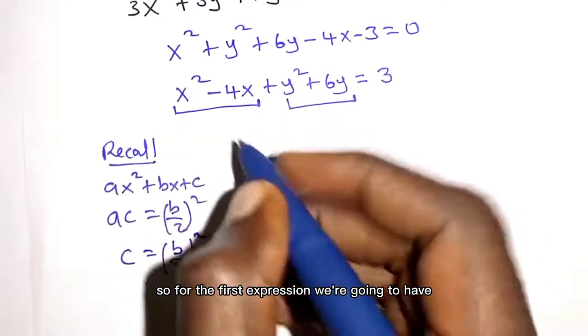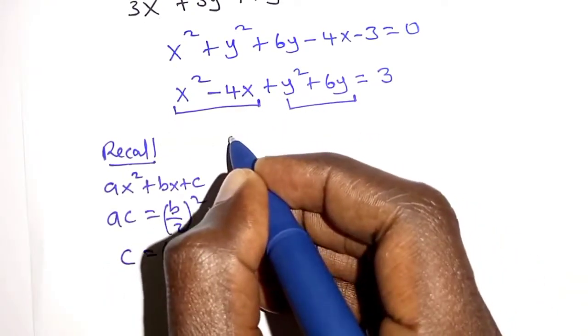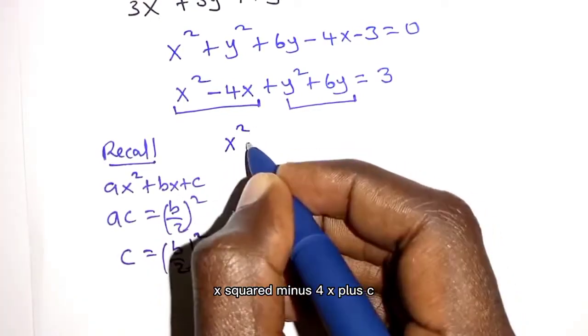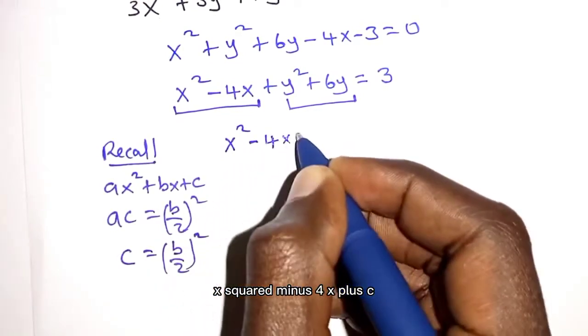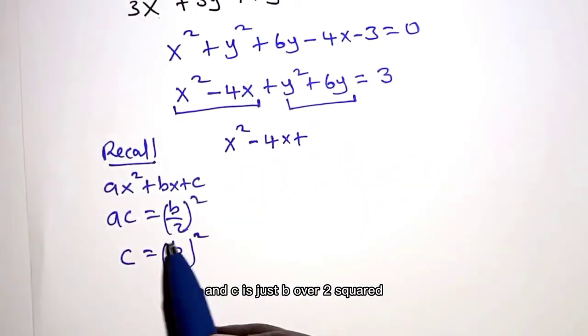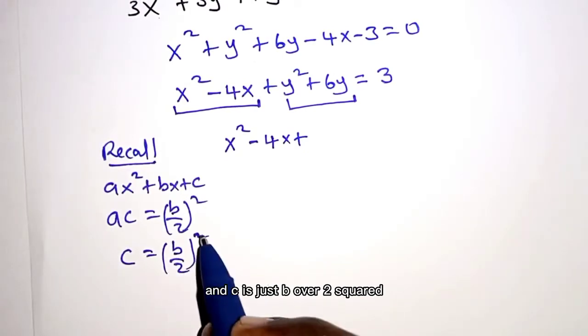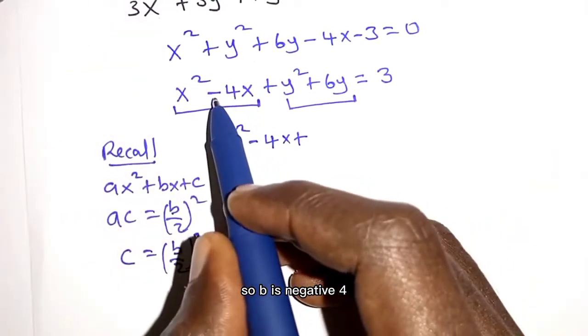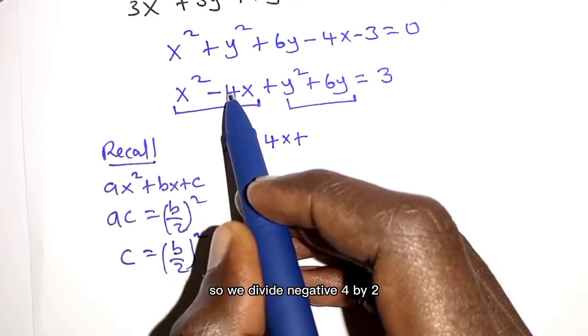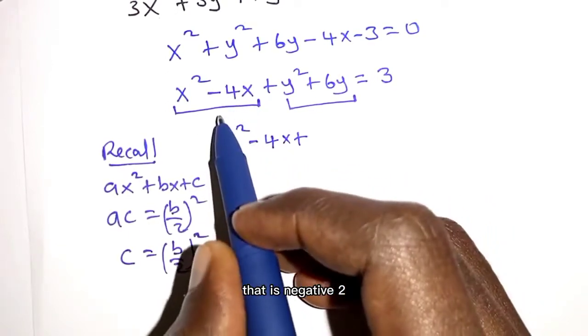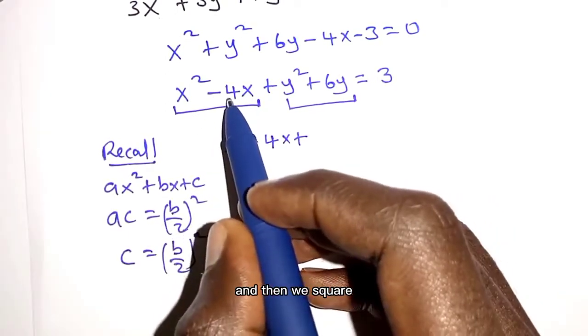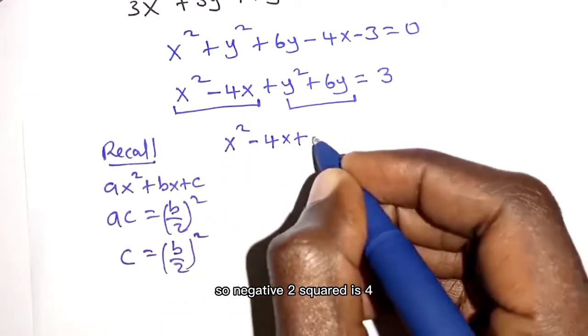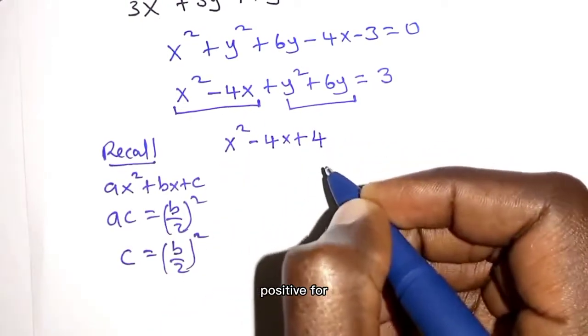So for the first expression, we are going to have x squared minus 4x plus c, and c is just b over 2 squared. So our b is negative 4, so we divide negative 4 by 2, that is negative 2, and then we square, so negative 2 squared is positive 4.